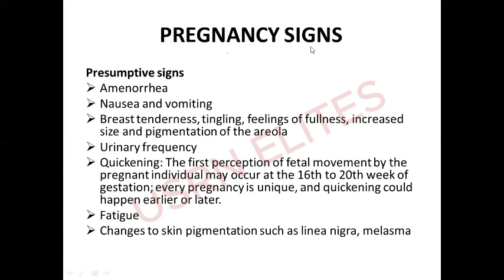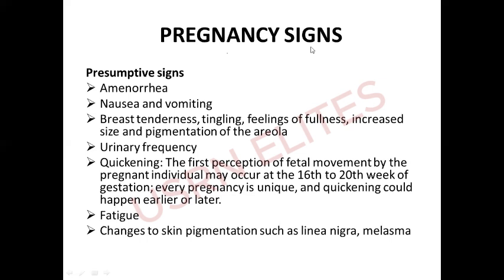Then we have urinary frequency. Urinary frequency in pregnancy mostly happens during the first trimester and then the third trimester. The first trimester, because of what? Because of hormonal changes. That is what plays a role in the frequency of urination in pregnancy. Then in the third trimester, why would a woman experience urinary frequency?